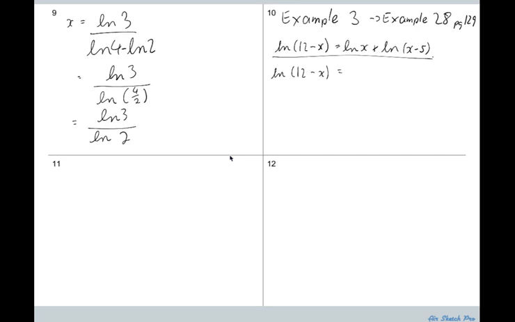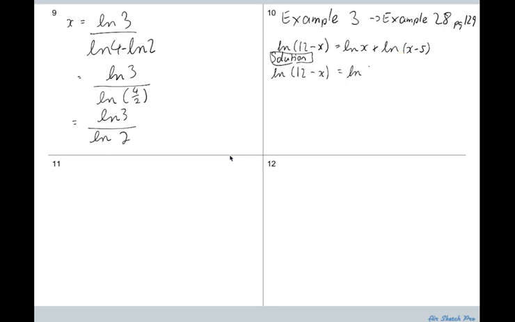On the right-hand side, I've got ln x plus ln(x minus 5). Okay, so the right-hand side is 2 logs that have been added together, same base, because they're both natural logs, so I can combine them using the product rule.